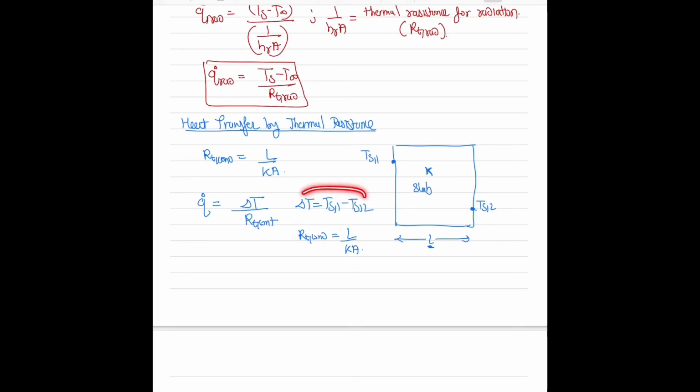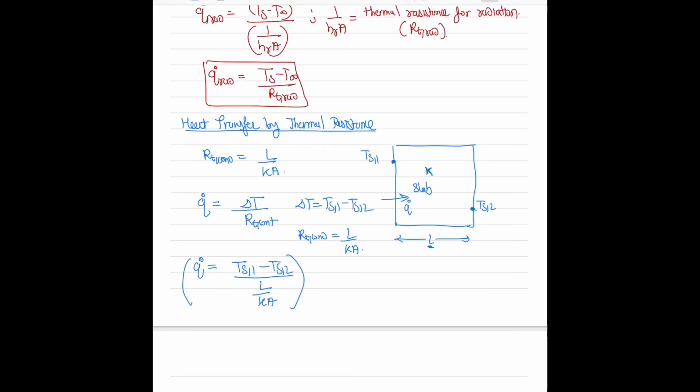So we have both the values for our problem. By substituting these two in here, we will get our Q dot, that is the heat transfer, Q dot normal to the area equal to Ts1 minus Ts2 divided by L by Ka.